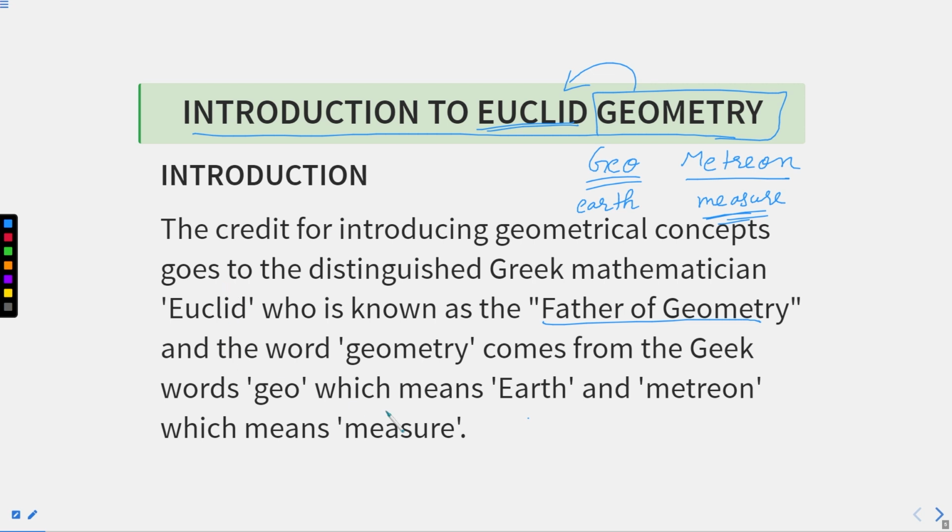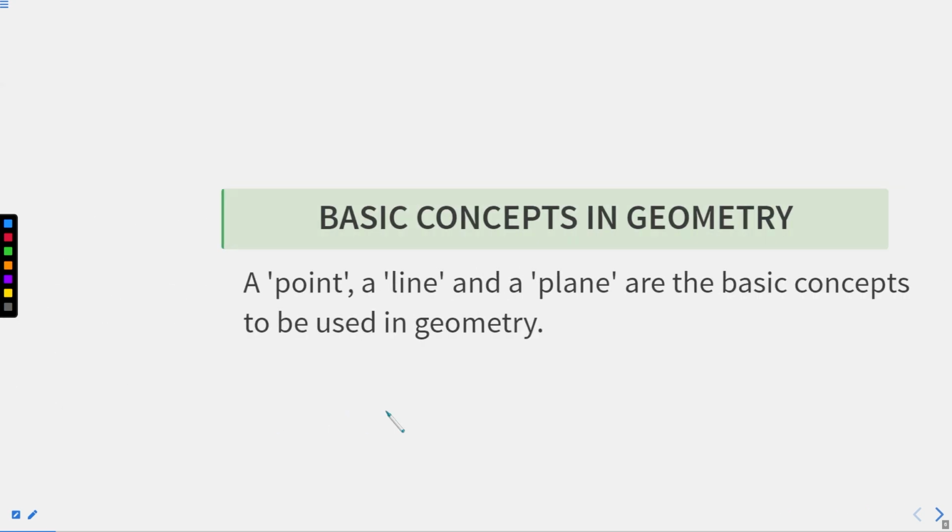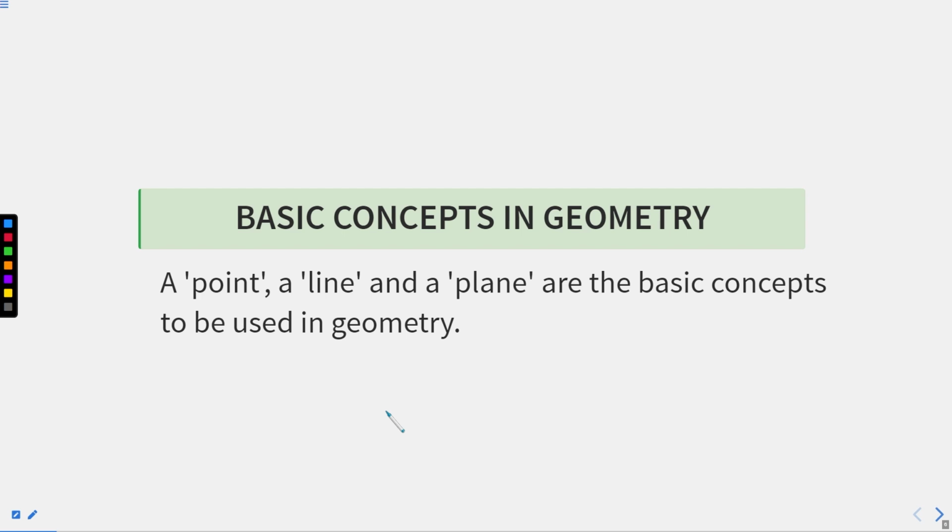Let's move now. In Euclid's geometry, the basic things one has to keep in mind are what is a point, what is a line, and what is a plane. A point is just a position in space.